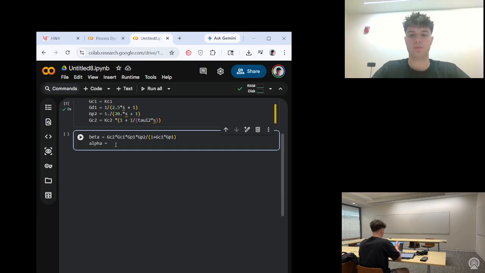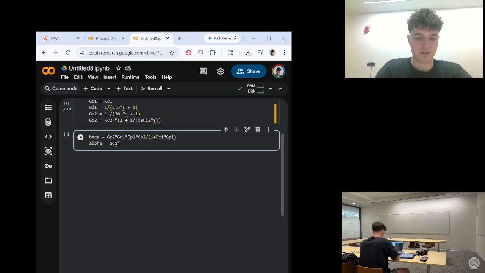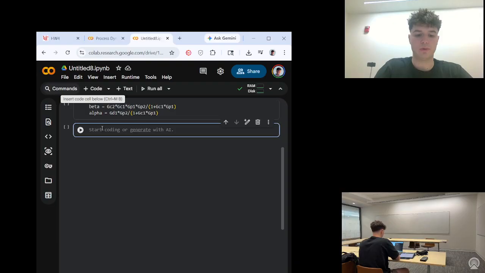That was when we boxed it off and said this is going to be equal to beta and this is going to be equal to alpha. That way we could rewrite it in simpler terms. So then we have GD1 times GP2. This is all going to be divided by 1 plus GC1 times GP1.